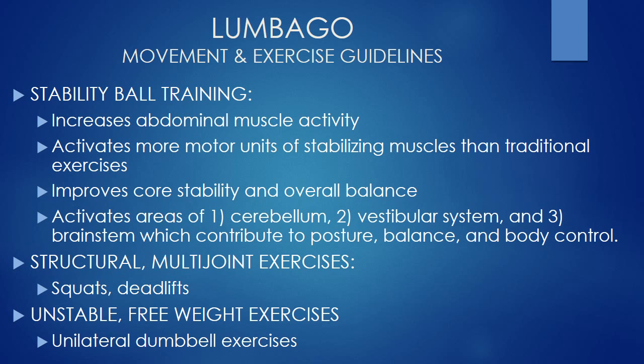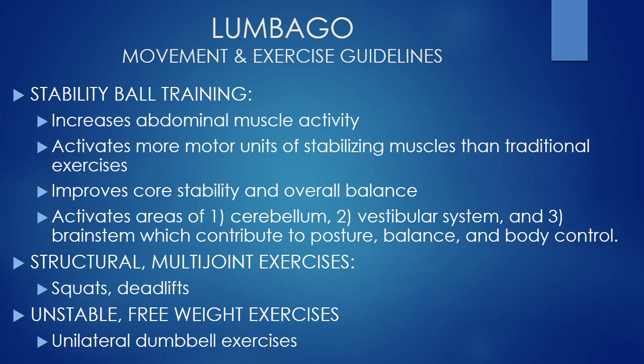It activates more motor units of the stabilizing muscles than do traditional exercises, meaning traditional exercises that are predicated upon a stable platform or a stable base. See, here we're talking about instability ball training. The stability ball training improves core stability and overall balance.